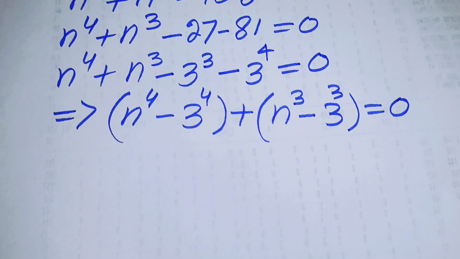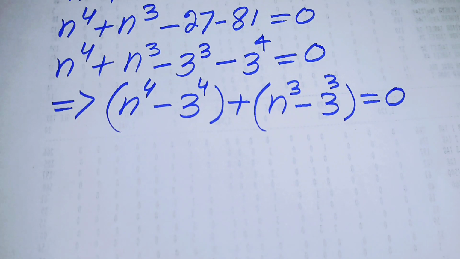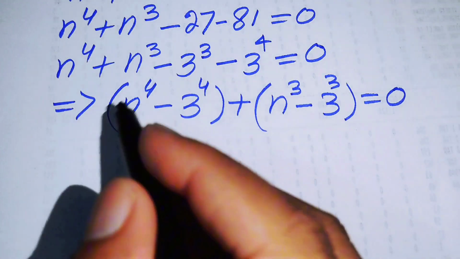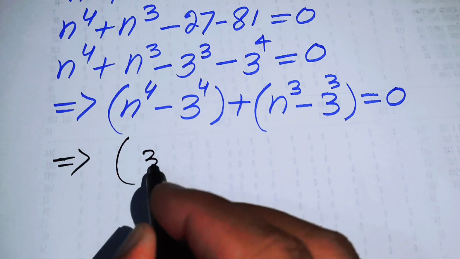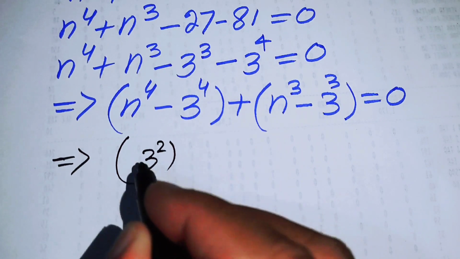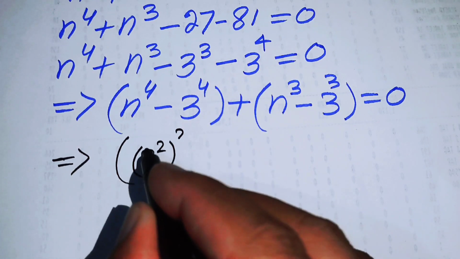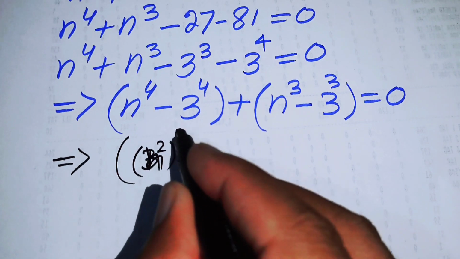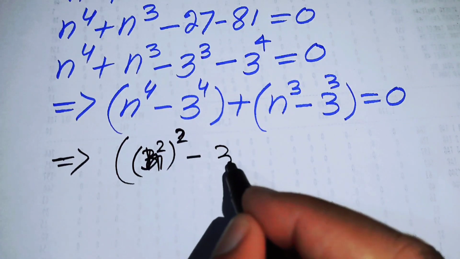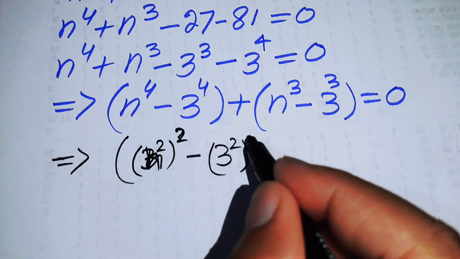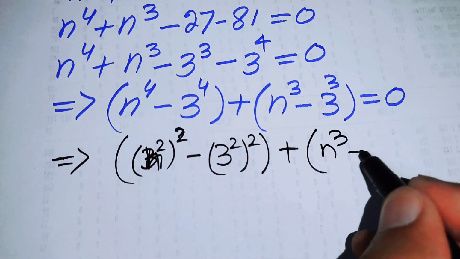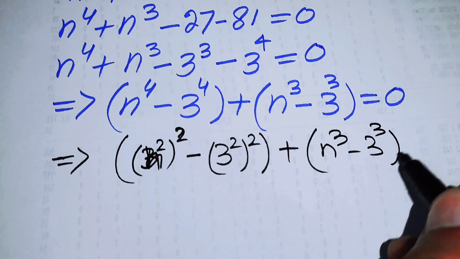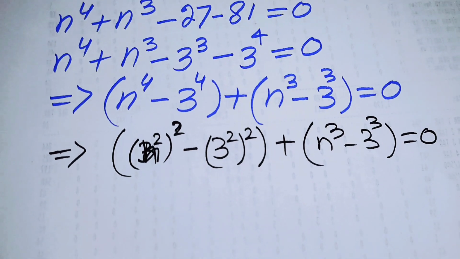And now here you see that we need two formulas, one of cubic and the other is the square formula. So now first I can rewrite these pairs as n to the power of 4, and we will write it as n squared and its whole squared, minus 3 squared and its whole squared, plus n cubed minus 3 cubed, and this whole equation is equal to 0.